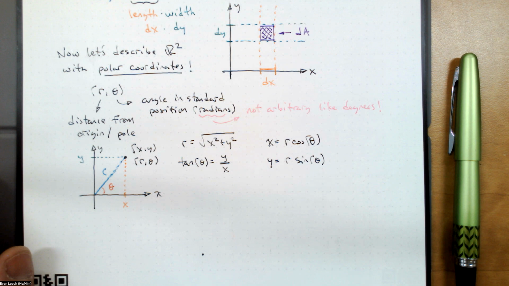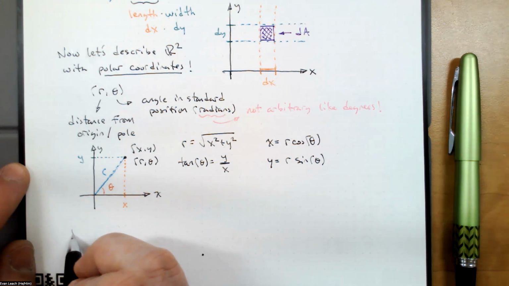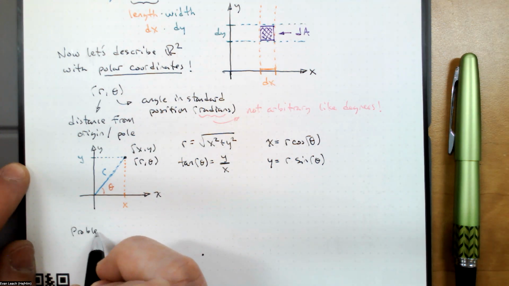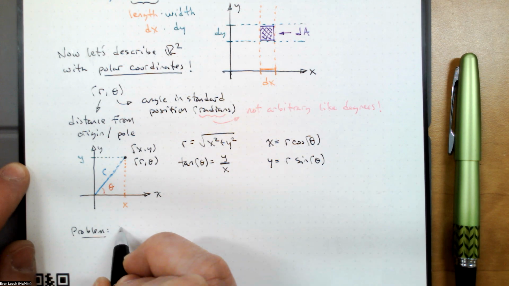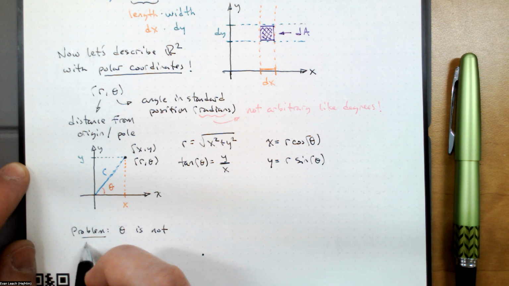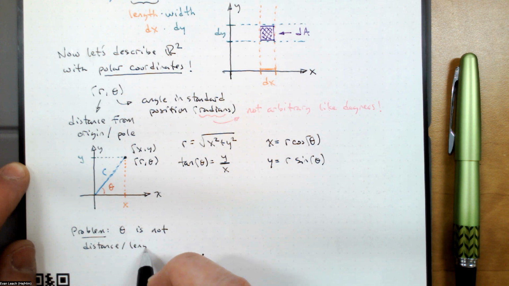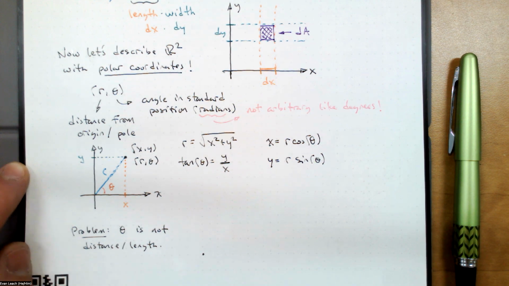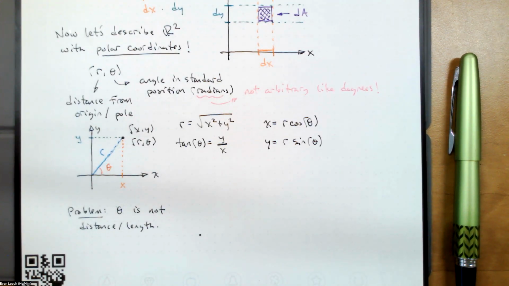So the problem that we run into that we need to address is that theta is not distance or length. Theta ain't going to be measured in meters. D theta is not going to be meters.